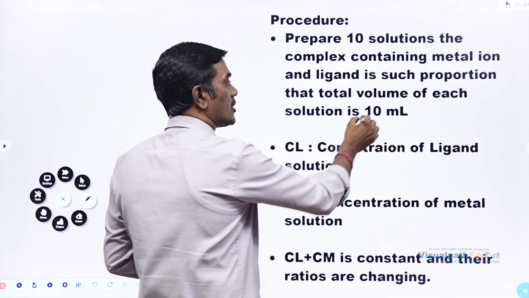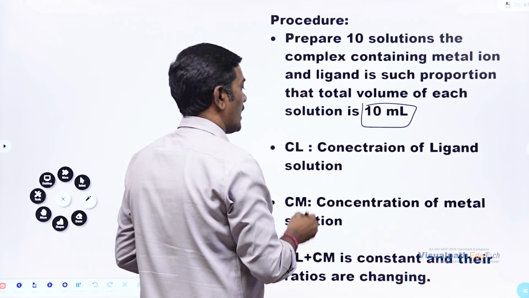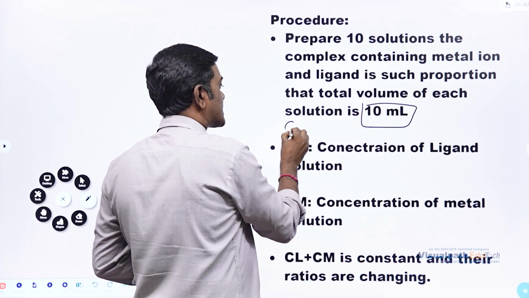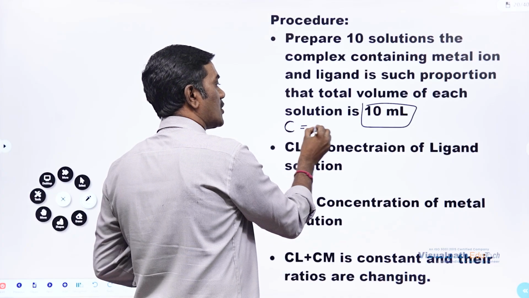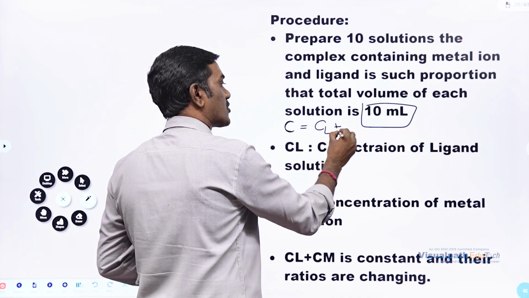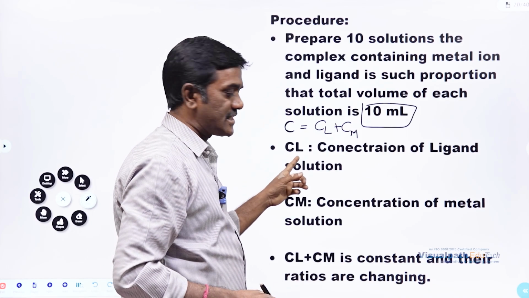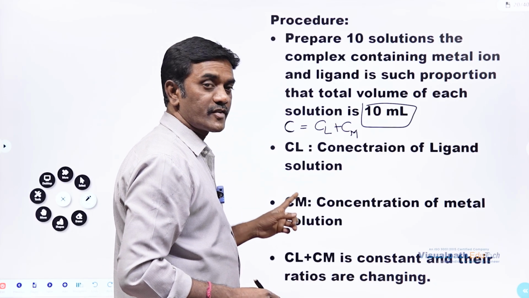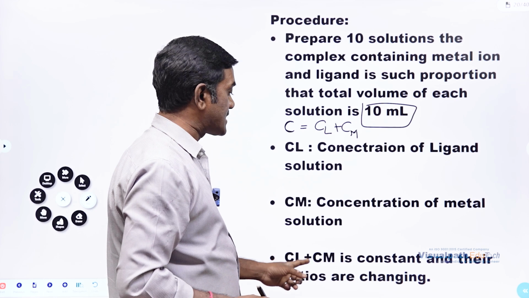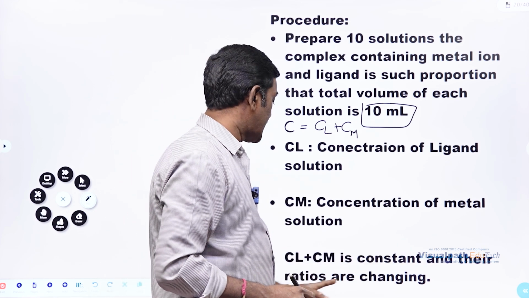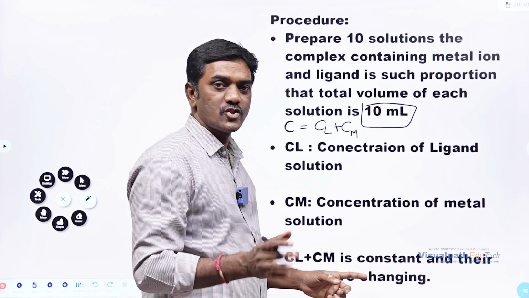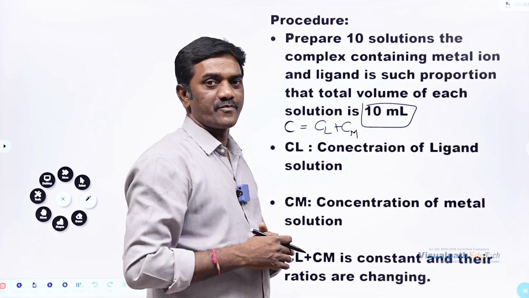So the volume is going to be 10 ml, uniform. And here we have already discussed C, that is total concentration equals concentration of ligand plus concentration of metal. The concentration of ligand is indicated with Cl and concentration of metal with Cm. So Cl plus Cm is constant and the ratios are changing, but the total volume is the same.